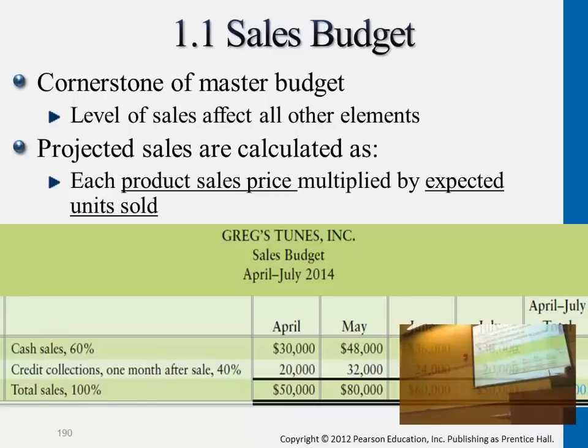So from this entire table, what we need to input into the income statement at the end is this $240,000. The $240,000 is the total sales revenue that at the end becomes the first line of the budgeted income statement. All right, so this is the sales budget. Our goal is to get to this line over here, a summary of all 4 months of sales revenue.